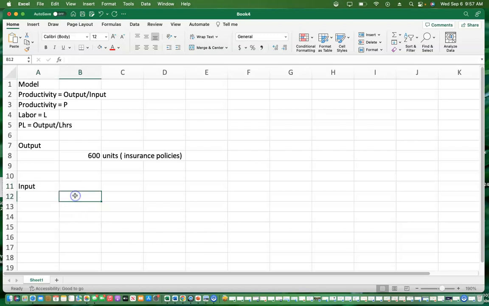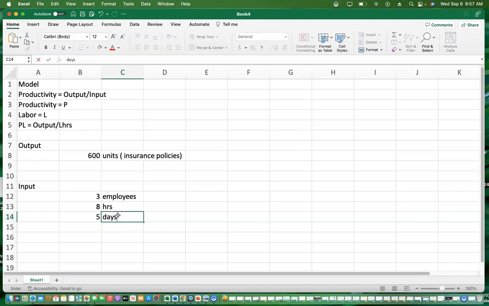In this case, we have three employees, and these three employees are supposed to work for 8 hours and for 5 days a week. Then we are required to find labor productivity.